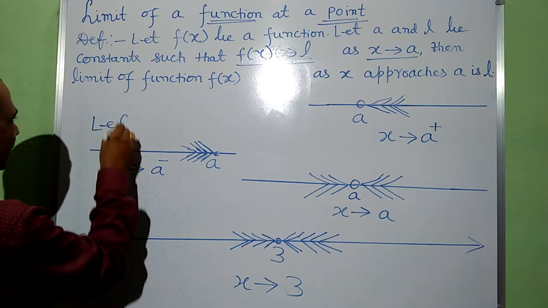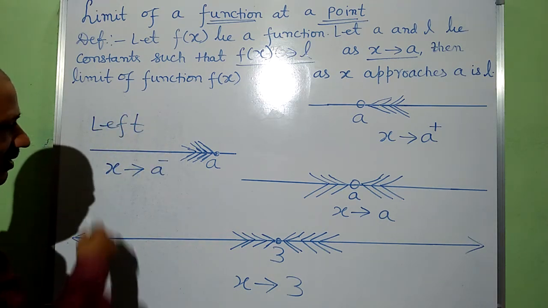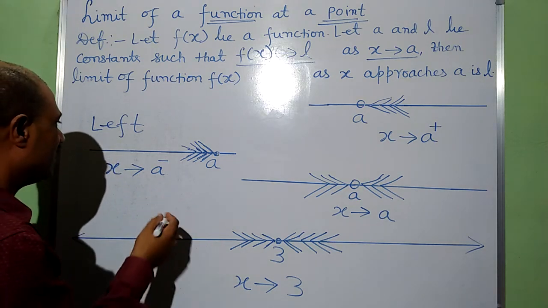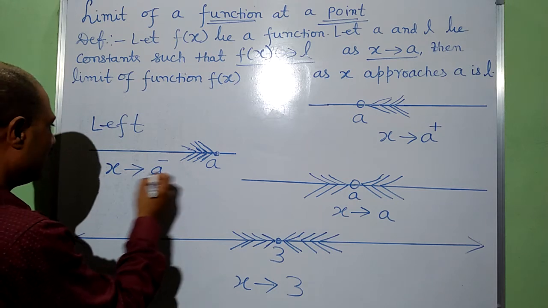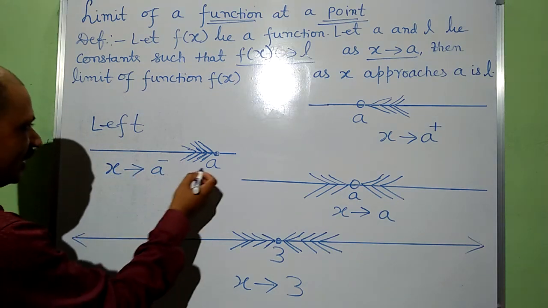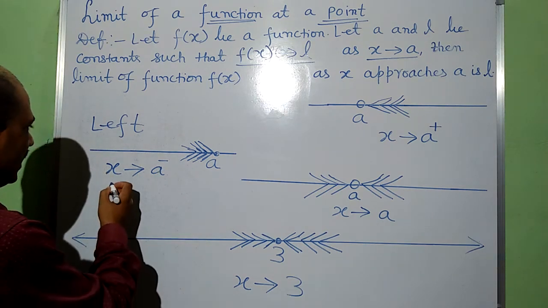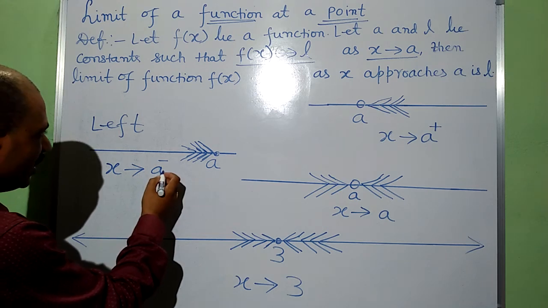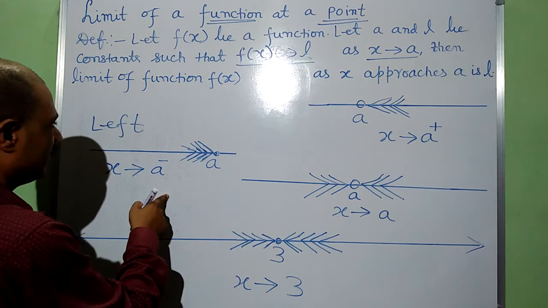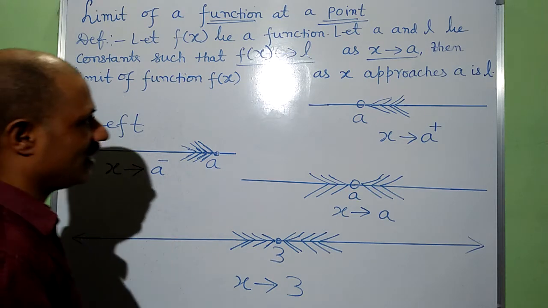This is left of a. It means the value of x is slightly less than a. It is denoted as x approaches a minus. It means x is approaching a from the left side.